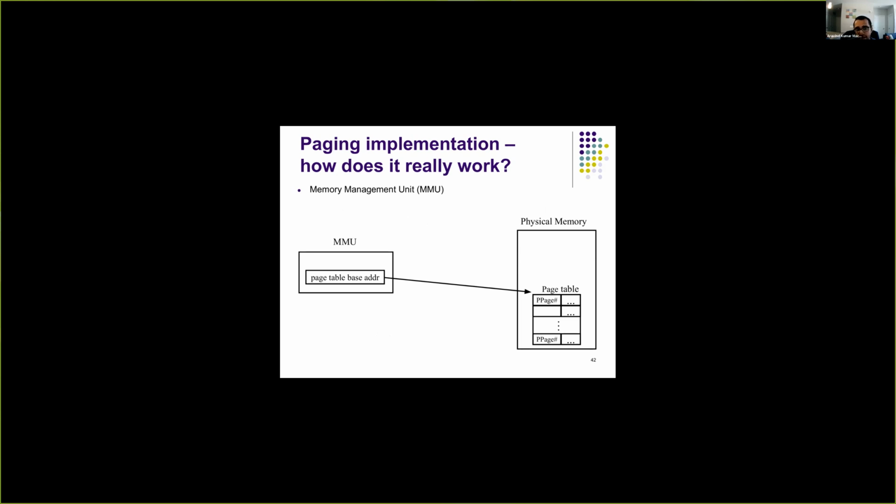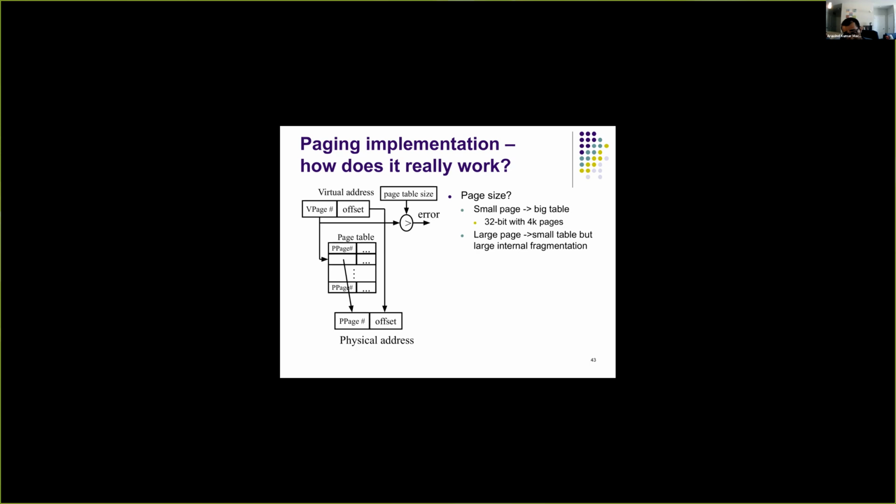Actually, in reality, there is another piece of hardware between the MMU and physical memory called the translation lookaside buffer. We will be looking into the translation lookaside buffer in the next lecture. But just remember that there is a cache of page table entries between the MMU and physical memory.